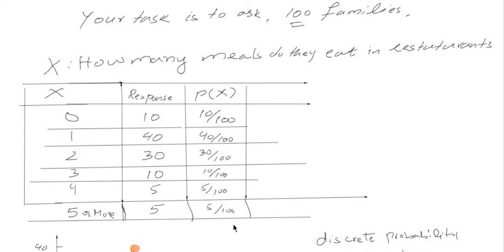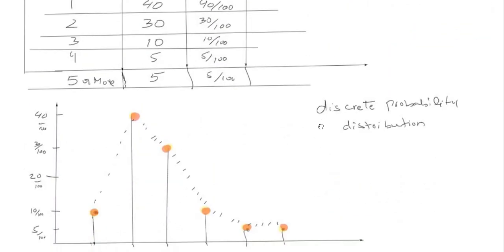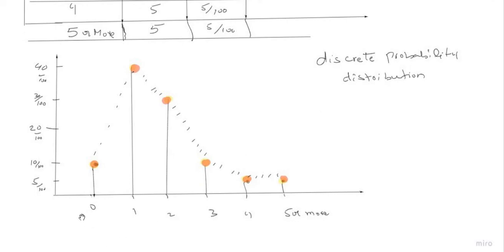So in order to construct a discrete probability distribution, we move on and consider all the random variable values on the x-axis. Basically 0, 1, 2, 3, 4, or 5 or more are our random variable values, and we have to consider these values on the x-axis.